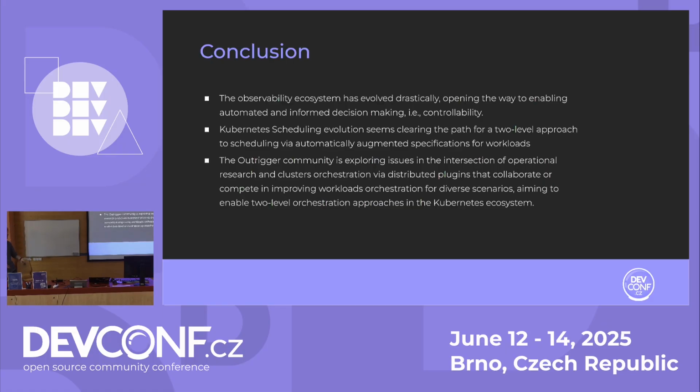And yeah, what we think in the Outrigger community is that the Kubernetes scheduling evolution clears the path towards a two-level scheduling approach, a two-level orchestration approach.